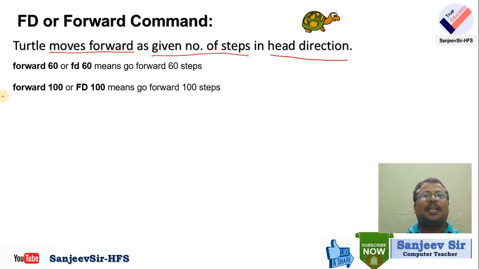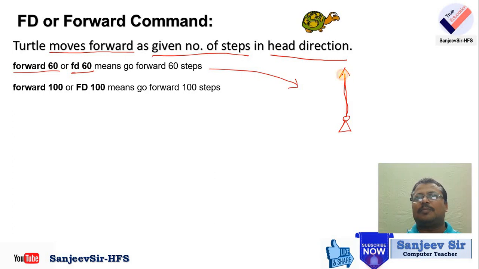That means if the given command is forward 60, so FD 60, what does it mean? Let's see. Turtle is in the head direction, so turtle will go here and draw the line, and turtle will come here, and this much is 60 steps. How much is that? 60 steps.